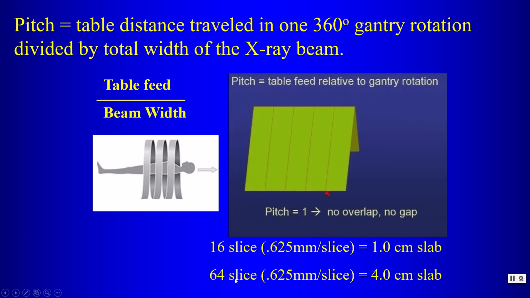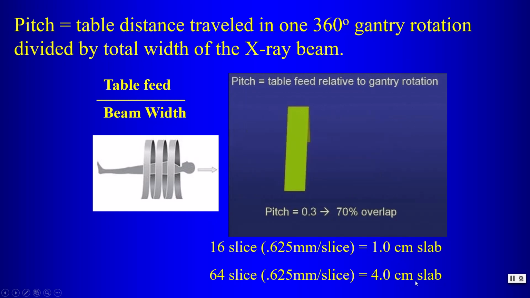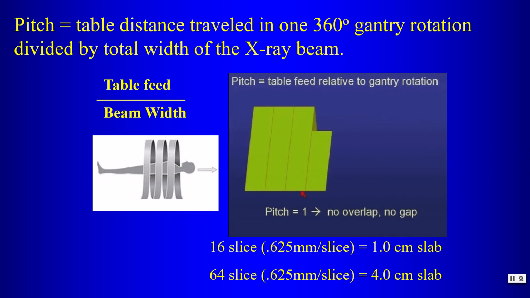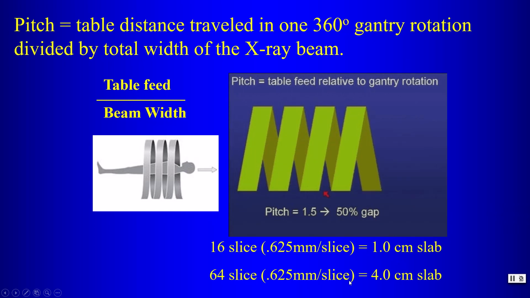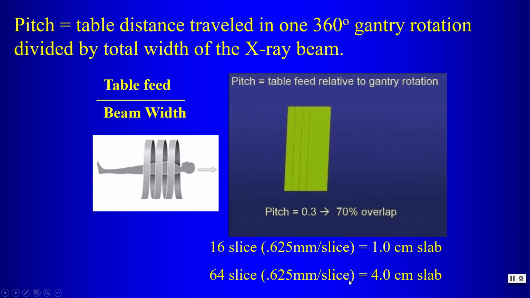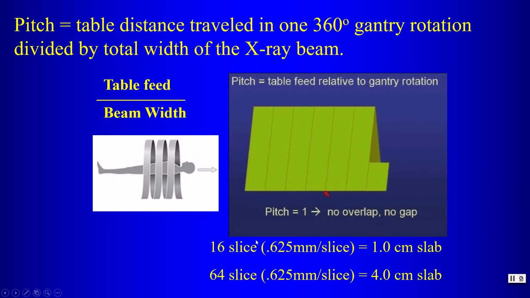Now a 64 slice scanner gives you more coverage with every rotation, so that gives you a 4 centimeter slab of tissue that is scanned every time the gantry goes around. Again, if there's overlap between those 4 centimeter slabs, then your pitch will be less than 1. And if those 4 centimeter slabs are contiguous, your pitch will be 1.